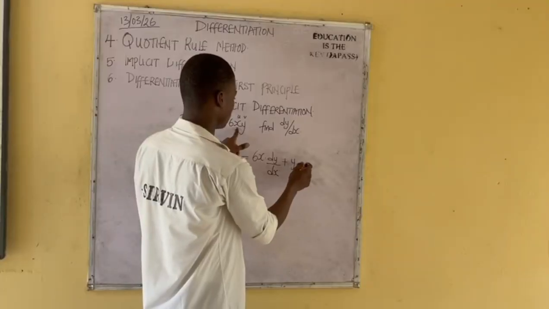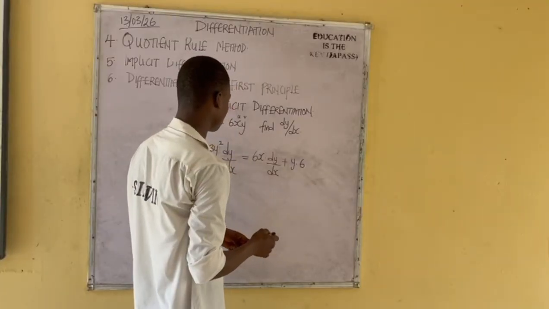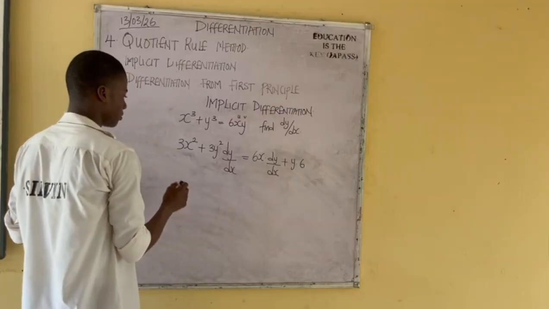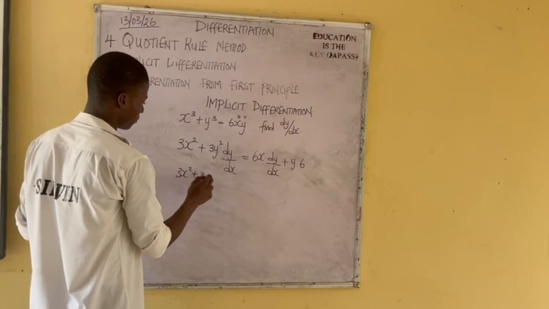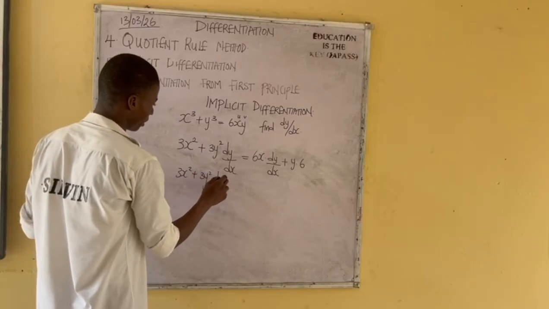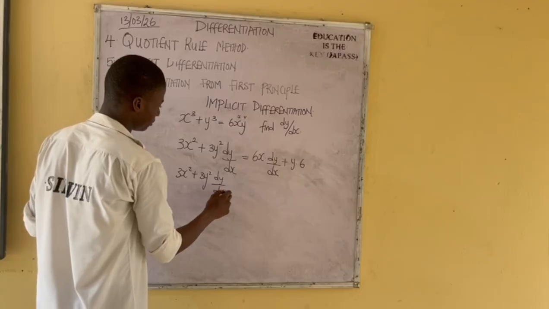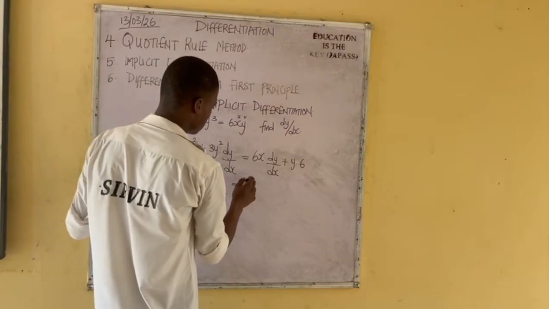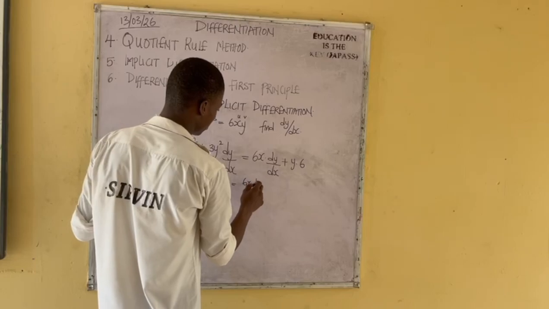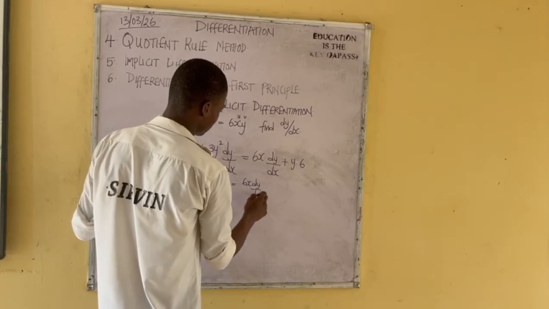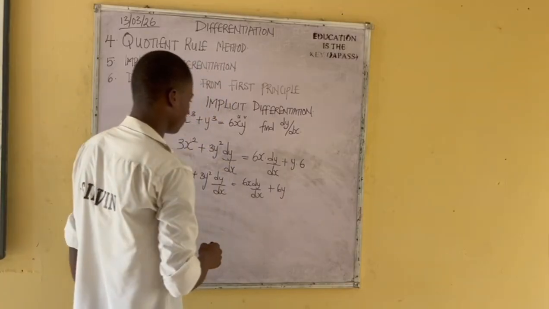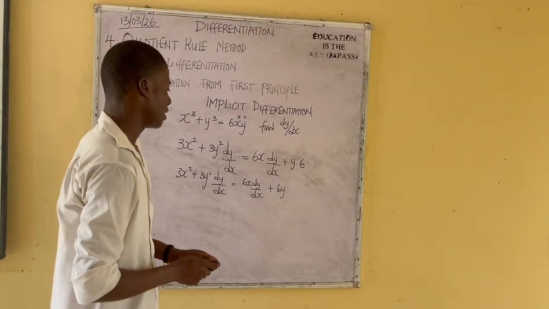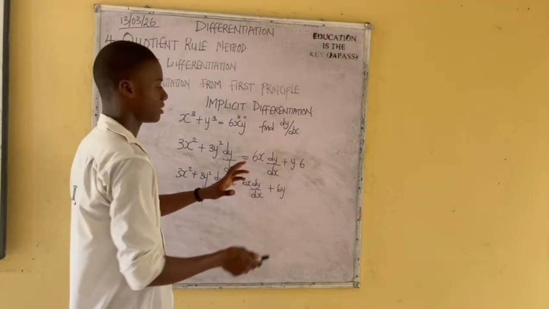You have 6. You understand? So if you now do it, you have 3x squared plus 3y squared dy over dx equals 6x dy over dx plus 6y.